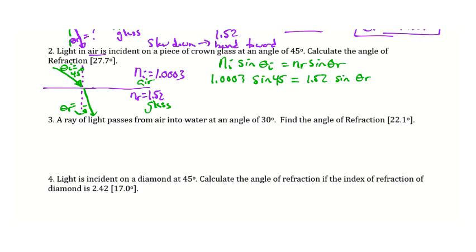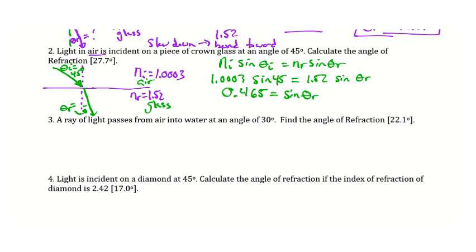So we'll go ahead and do some math, and we get 0.465 is equal to the sine of theta r.